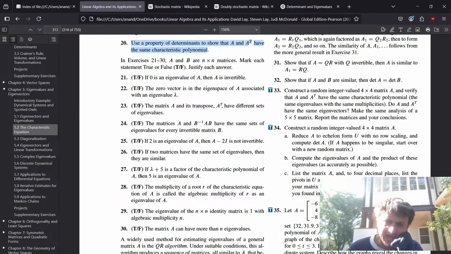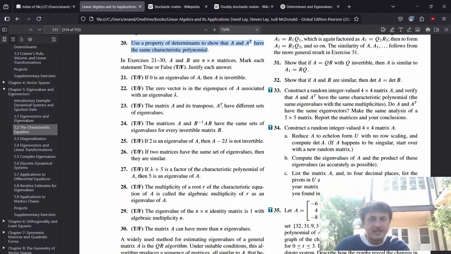The matrices A and B inverse AB, yeah, that's true. Actually, let me think about that.